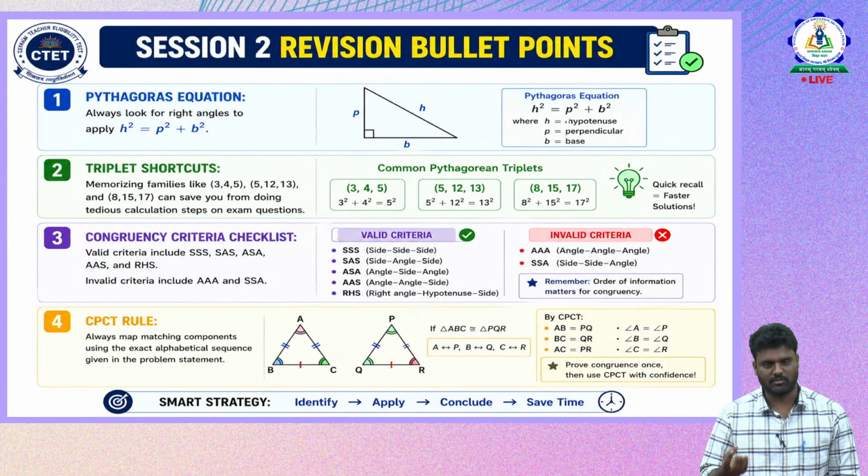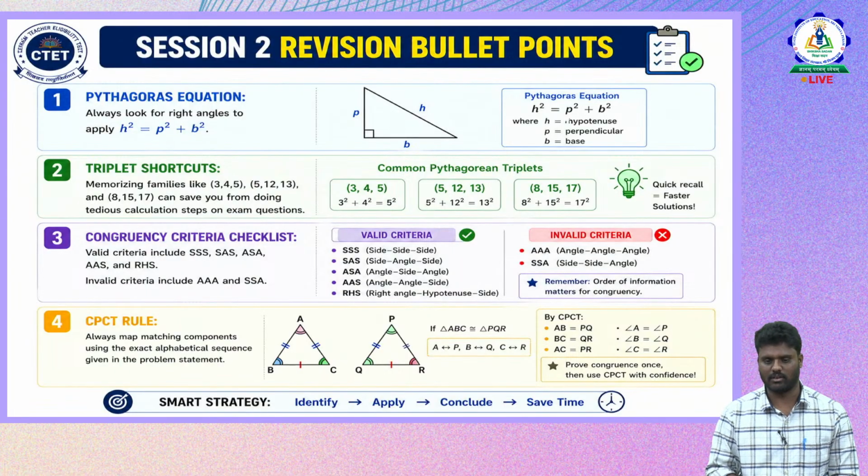Then another concept we have discussed, the CPCT rule, that is corresponding parts of congruent triangles. If you remember that, given triangles, we can identify based on this rule whether they are congruent triangles or not.